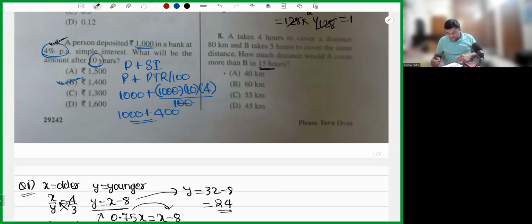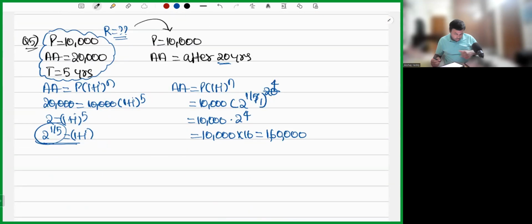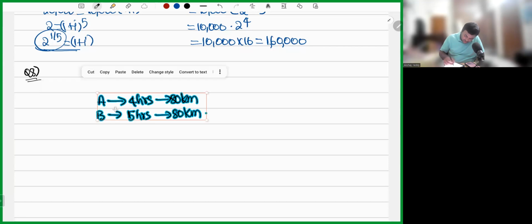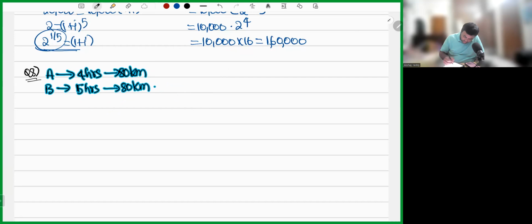Okay, let's go ahead and calculate. It's quite a simple one. Question number 8. This is the given information. A covers 80 kilometers in 4 hours. Means in 15 hours, how much will he cover?